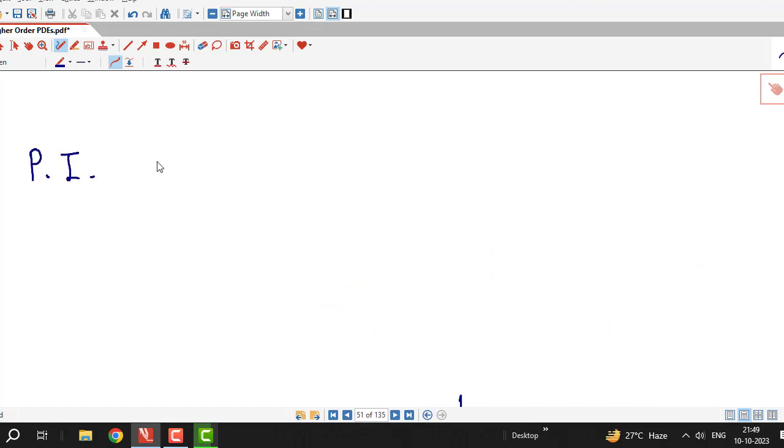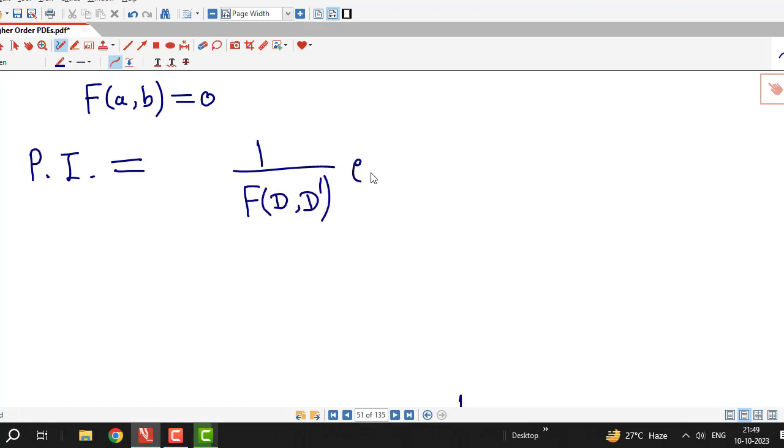Suppose F(a,b) becomes 0 after putting D equal to a and D' equal to b. Here our function is 1 over F(D,D') e raised to ax plus by, and suppose after putting D equal to a and D' equal to b, this function F becomes 0.